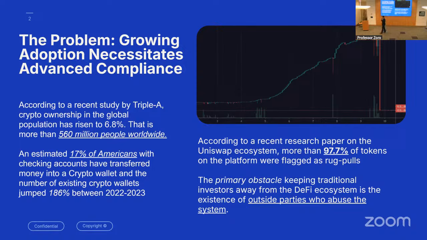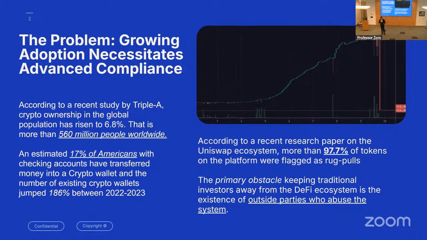In terms of the creation of new tokens and new assets, they found that the all-time high for daily creation was 71,000 in a single day. Towards the end of the first quarter of 2025, that number came around to 31,000. To put that in perspective, 31,000 tokens a day is approximately 20 a minute. By the time I finish this presentation and sit back down, you're looking at 400 tokens at that rate.